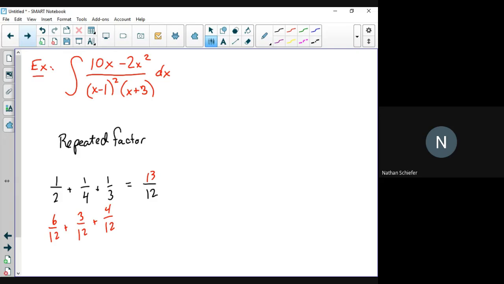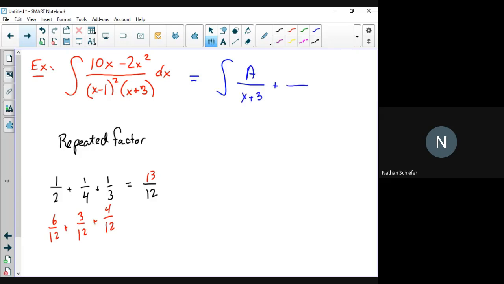So the trick, and we're not going to finish this problem, that you would use when I have a repeated factor is that you would need to include each of the factors that are possible for the denominator. So we definitely have an x plus 3, so I could say a over x plus 3.